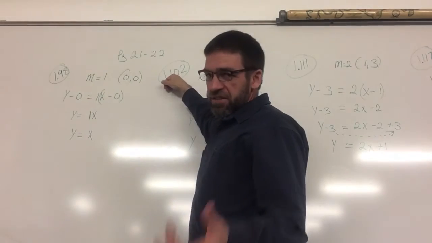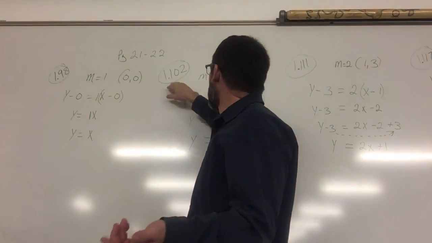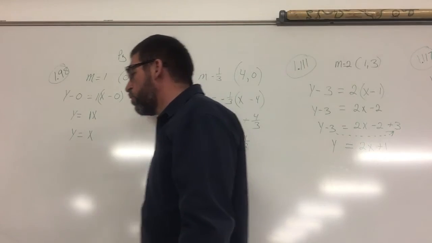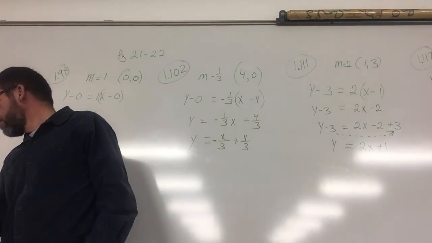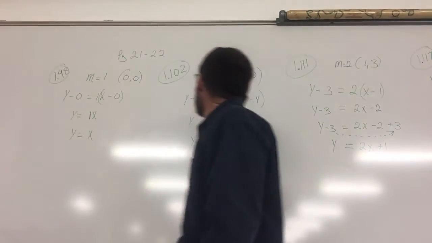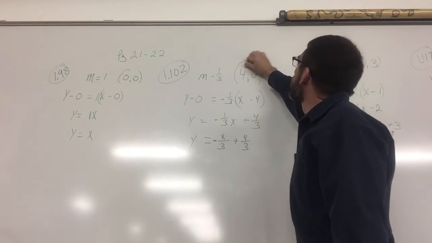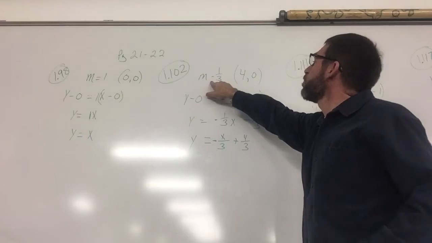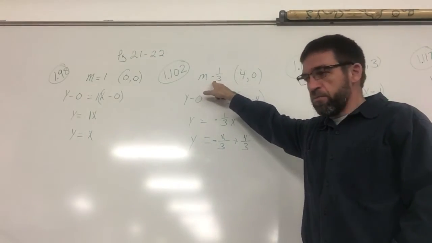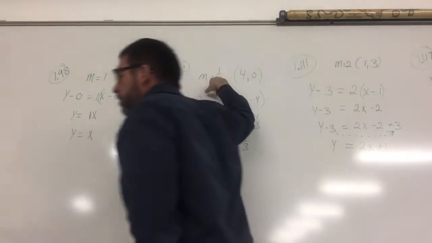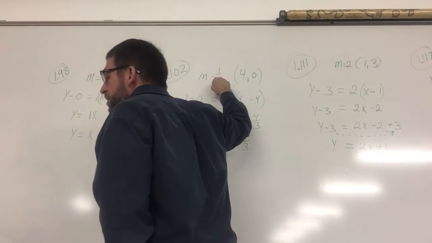I'm going to come over and do the same style problem again, on 1.02, drop down to 1.58. There I used your two formulas. You should have come up with a slope of negative 1/3 on problem 1.58.